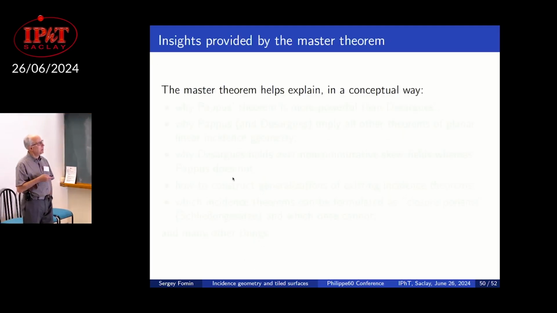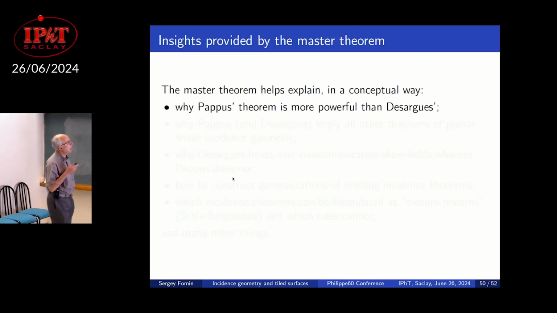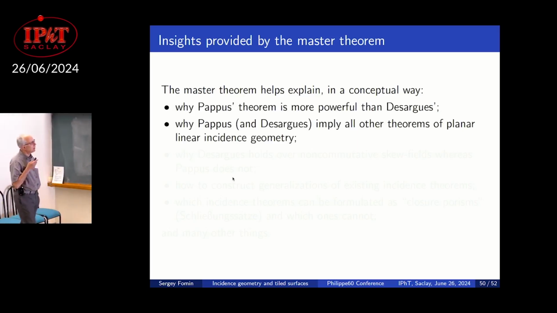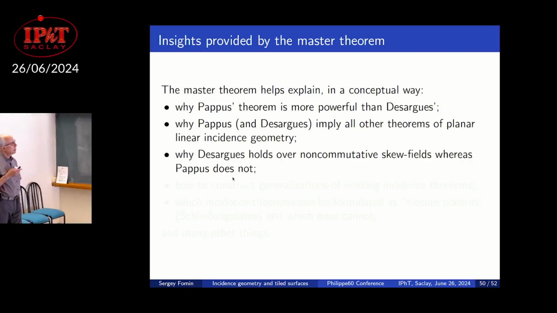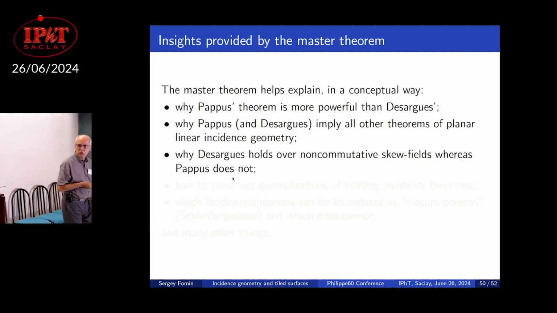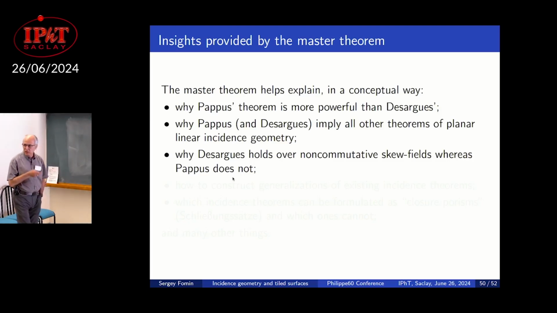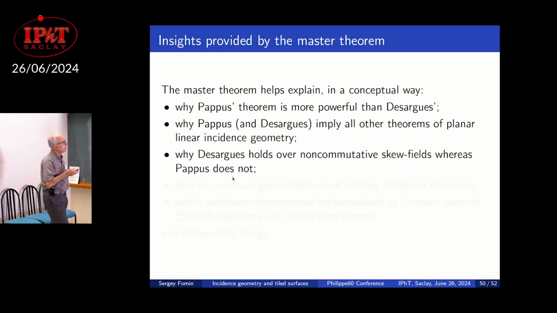And so let me recap. The master theorem helps explain in a conceptual way why Pappus' theorem is more powerful than Desargues, why these 2 theorems imply all other theorems, why Desargues holds over non-commutative skew fields, whereas Pappus does not. I can explain this later.